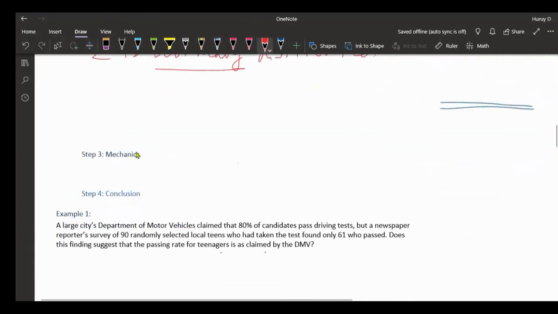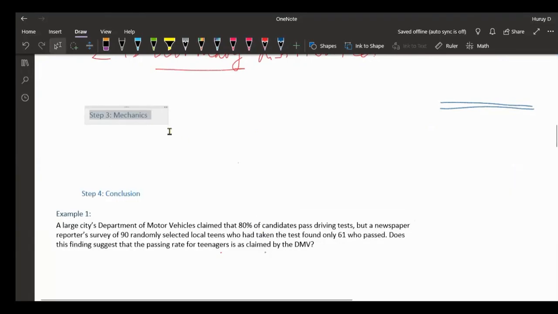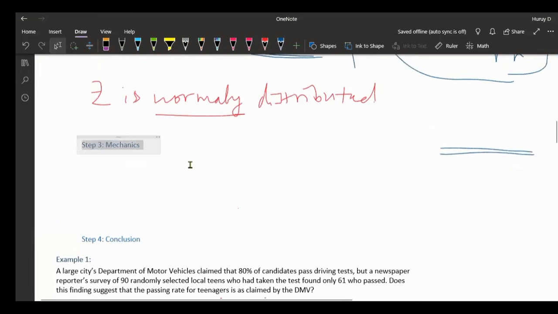All right, and then next is the mechanics, and this is basically the calculation. Since here we don't have the numbers, I cannot find the calculation.